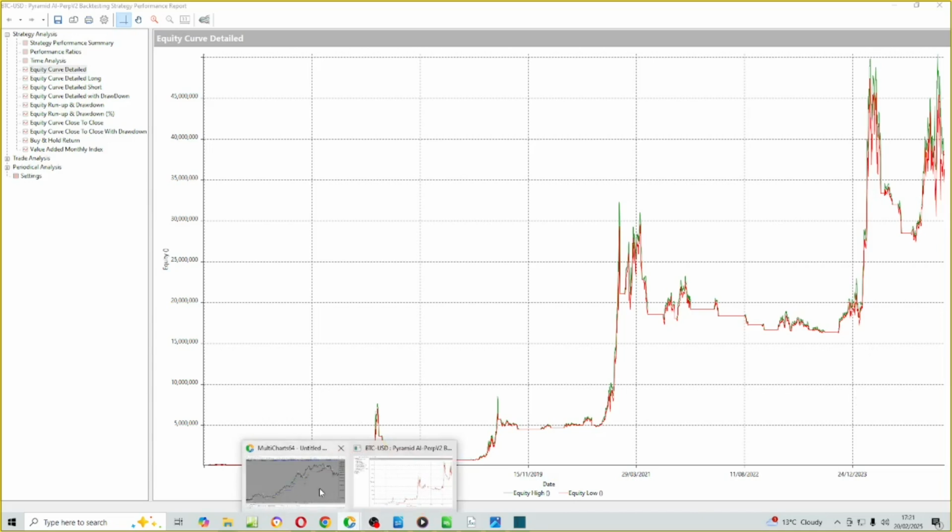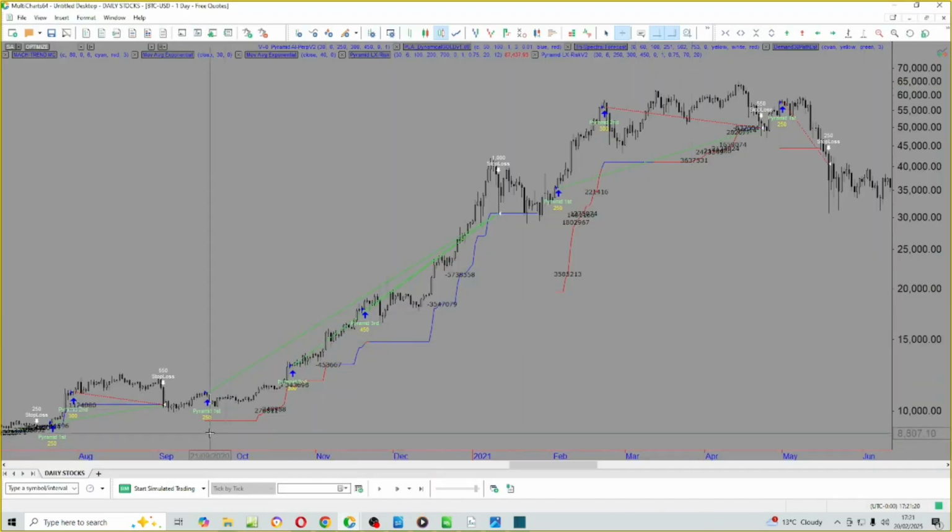Let's just look at the chart now, and you can see we start with 250 and we go to 300 and we go to 450. All these tests had very big drawdowns, so this one was around 76%, which is pretty horrible, but it is what it is.